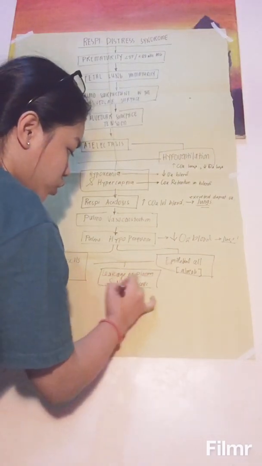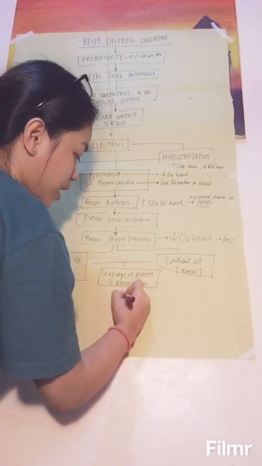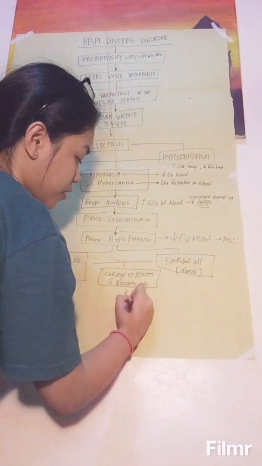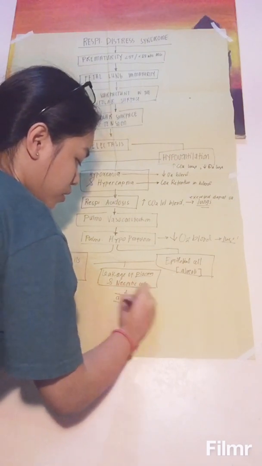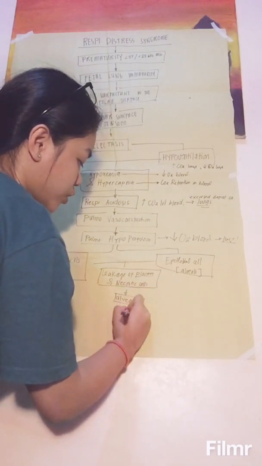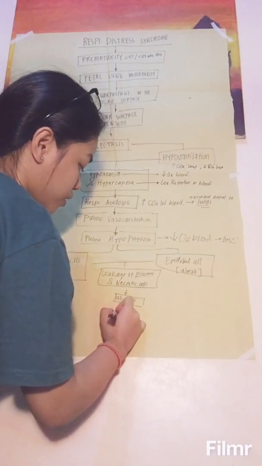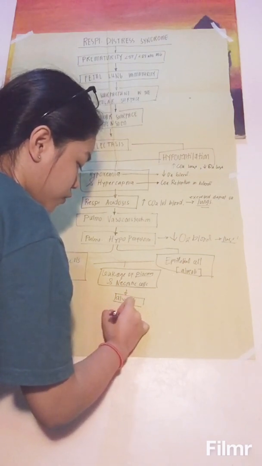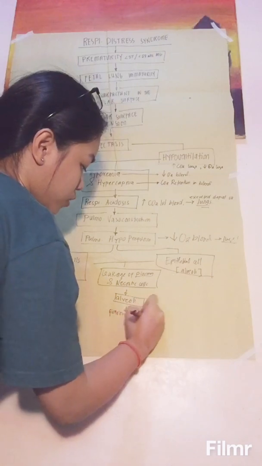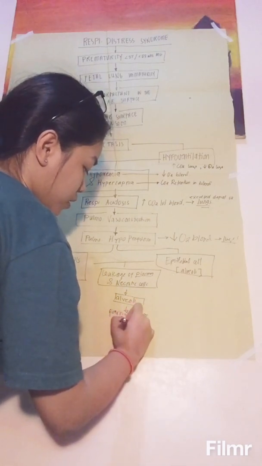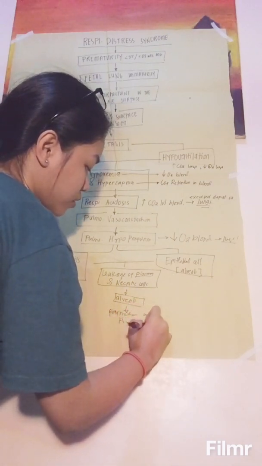This leakage goes into the alveoli, causing the formation of hyaline membrane.